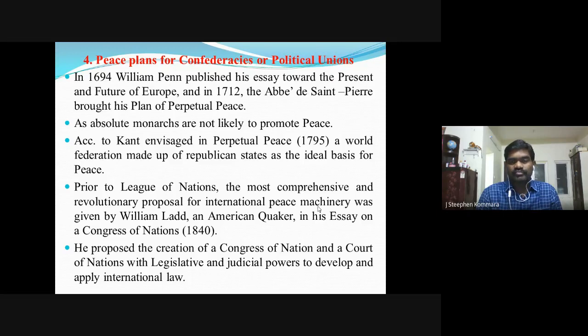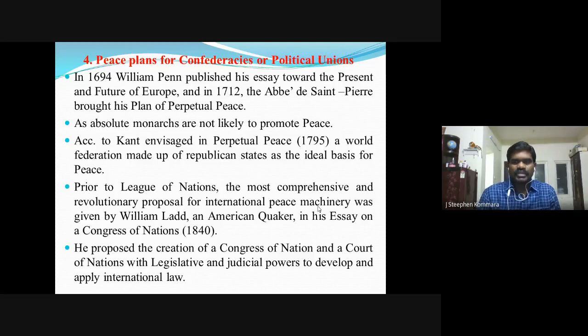And prior to League of Nations, the most comprehensive and revolutionary proposal for international peace machinery was given by William Ladd. He was an American Quaker, in his essay on a Congress of Nations. He was the first person to think about the establishment of an international organization.